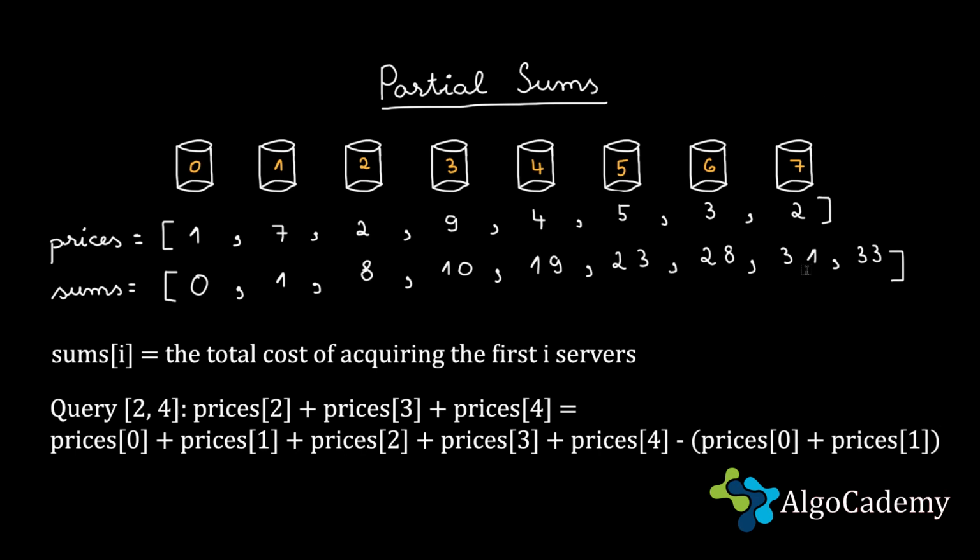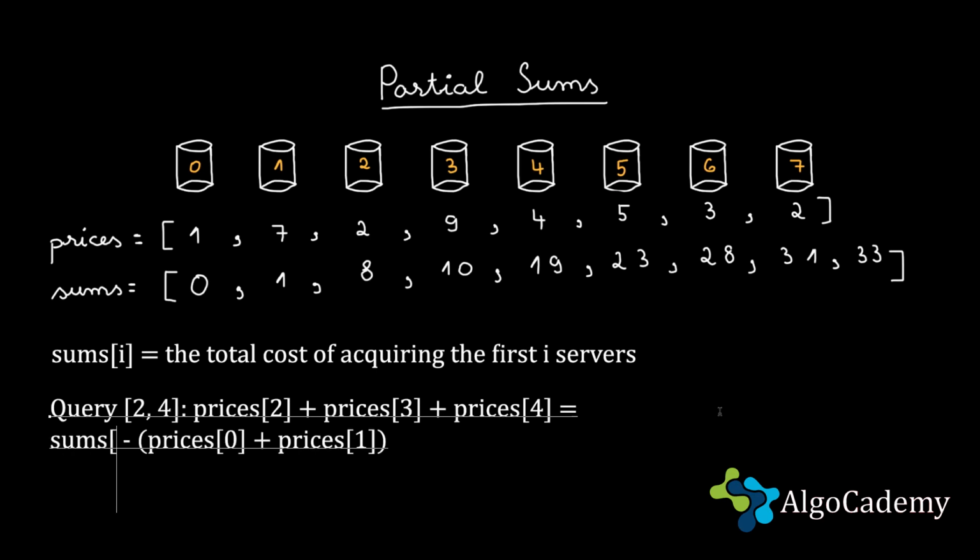And how is this going to help us, Andy? Well, don't you see the pattern? Prices of 0 plus 1 plus 2 plus 3 plus 4 is the total cost of acquiring the first 5 servers.